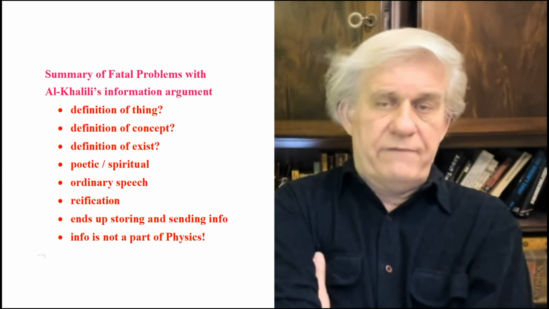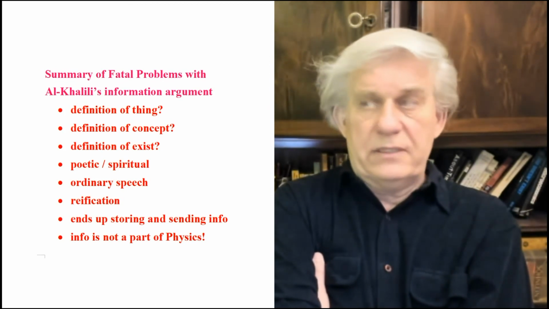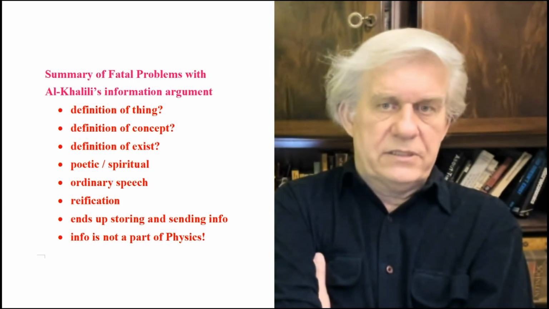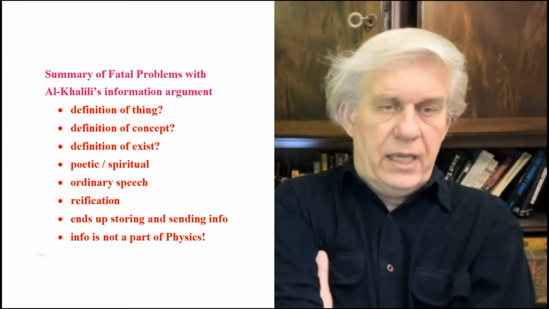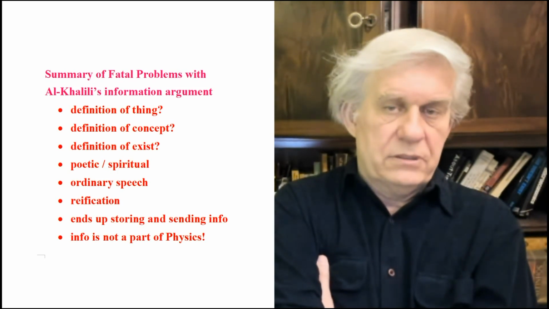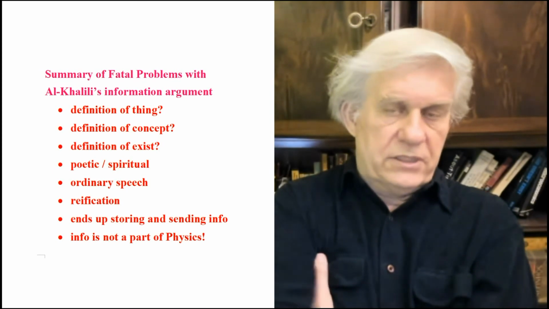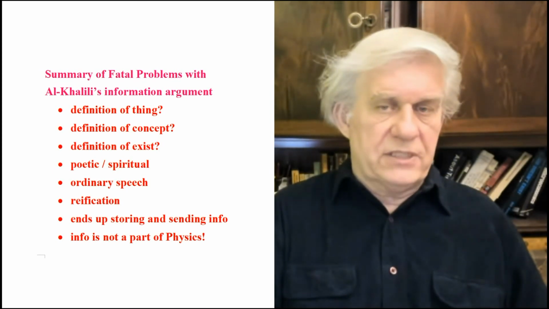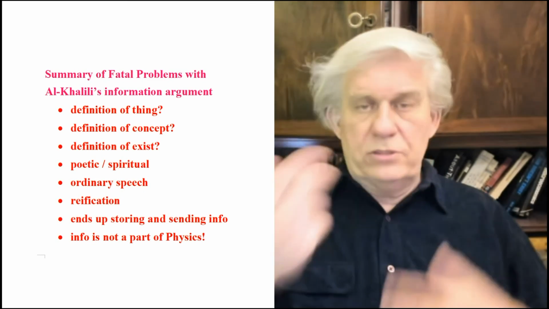So he says, yeah, information is a concept, and then he suddenly says, well, no, it's really an object. It's a thing. It's not an abstraction. It's a real thing that belongs to physics. And he doesn't define exists, even though he says, oh, information exists. What do you mean it exists? So he's using words of ordinary speech, bringing them across the line into physics. He hasn't defined any of them, he just uses them.